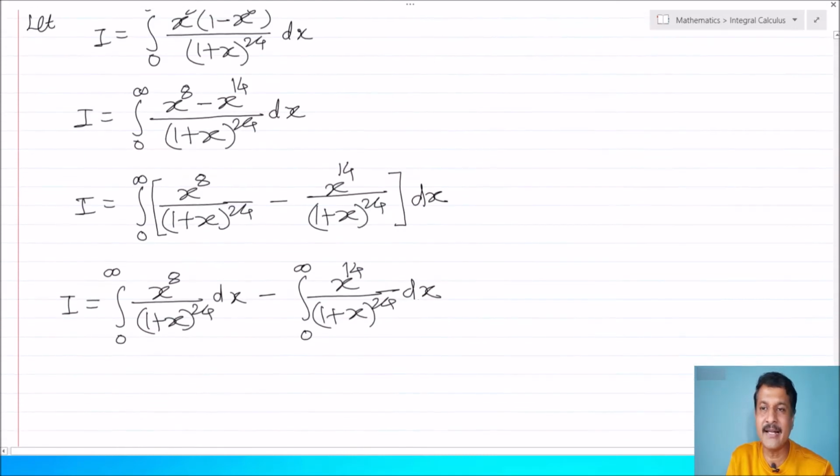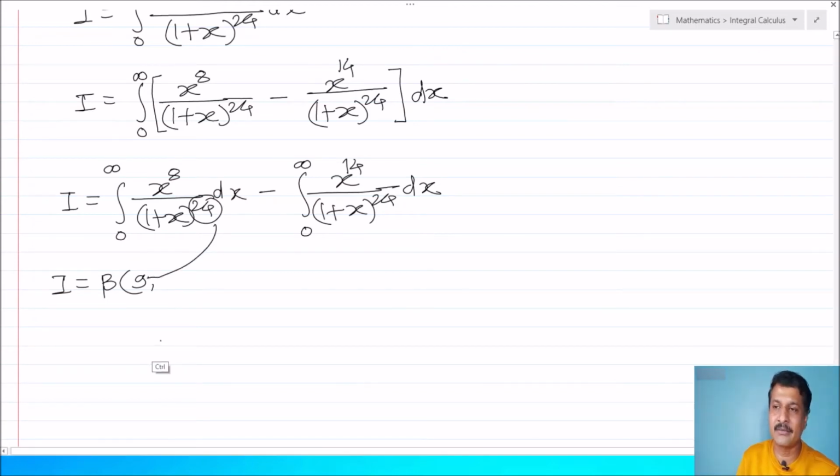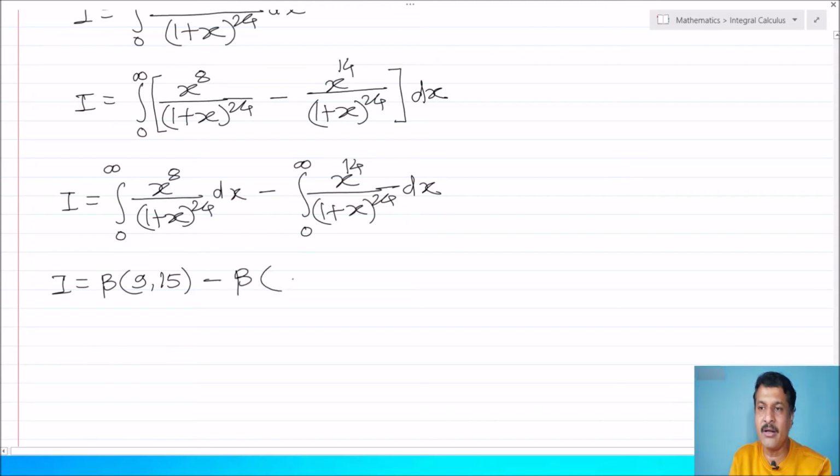So by this I can find out I equal to beta. This power plus 1, so the first number I am getting 9, and 24 minus 9 I will get the second number, which is 15, minus beta of this power plus 1: 14 plus 1 I am getting 15, and the second number I will get as this power minus the first number, so I am getting here 9.